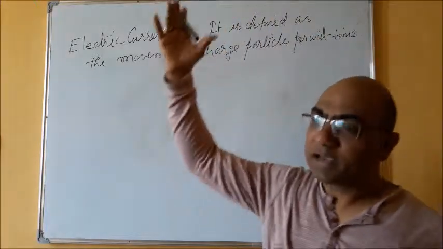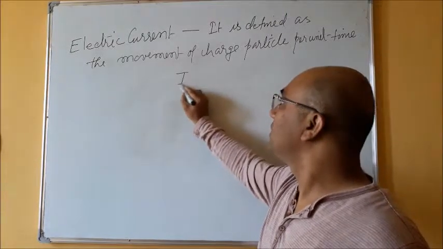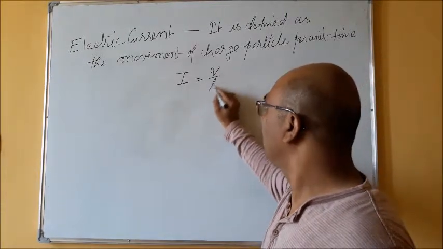Okay, so charged particles moving per unit time is defined as your current. This is I equals q upon t.